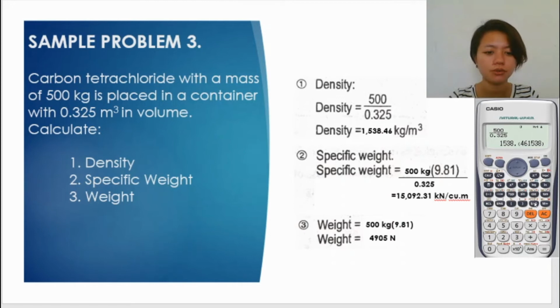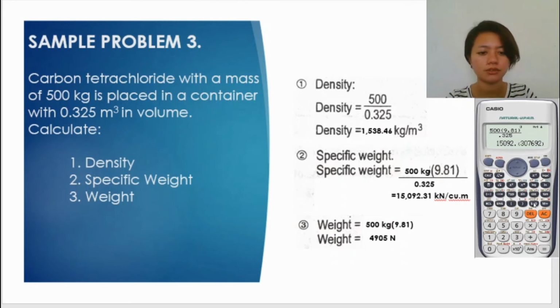For number 2, we have the specific weight. We don't have the weight yet, so we convert our mass of 500 kilograms into kilonewton to get our specific weight, then divide it by our volume. So, we input 500 times 9.81 gravity all over 0.325.